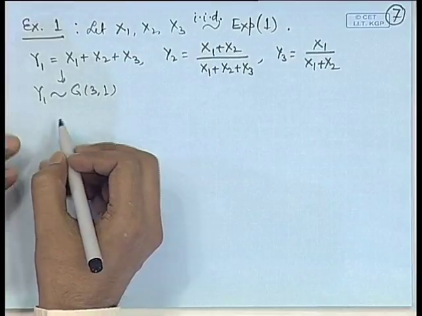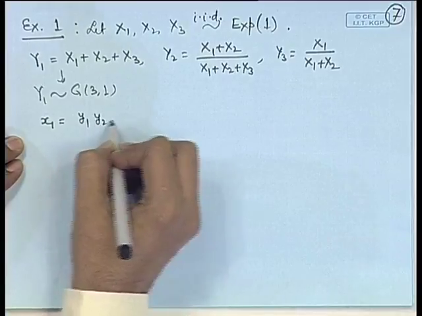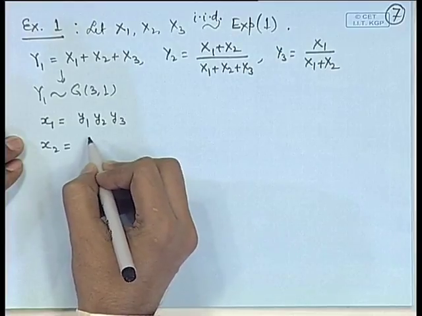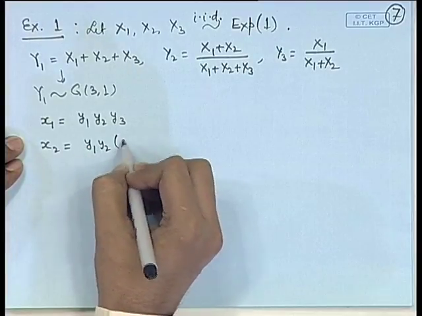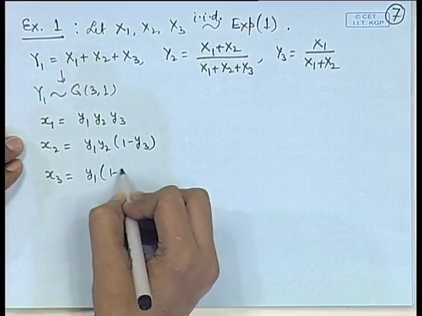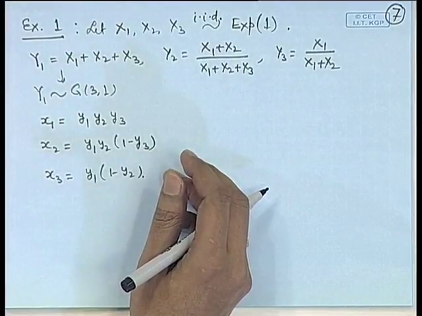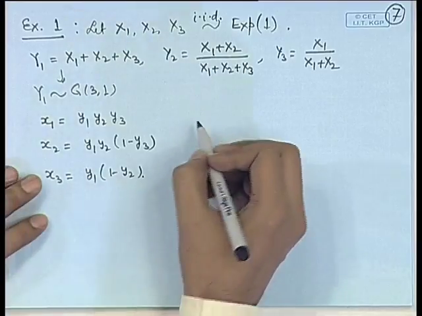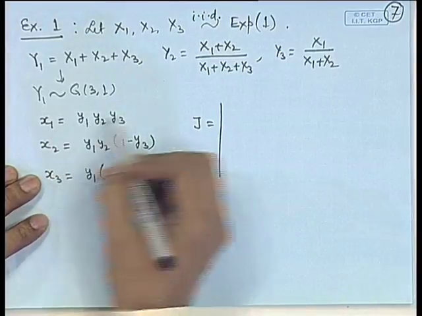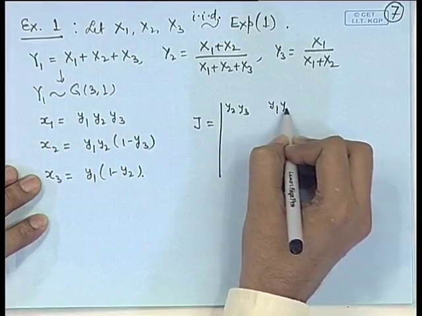We observe here that it is a 1-to-1 transformation and the inverse functions can be written as x1 = y1 y2 y3, x2 = y1 y2 (1 - y3), and x3 = y1 (1 - y2). So we can determine the Jacobian of the transformation. ∂x1/∂y1 is y2 y3, ∂x1/∂y2 is y1 y3, and so on.